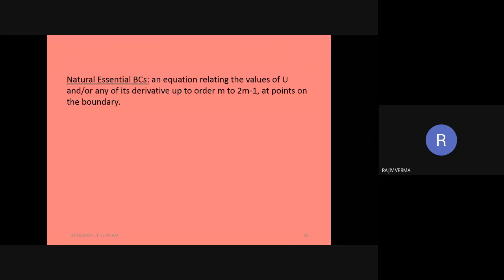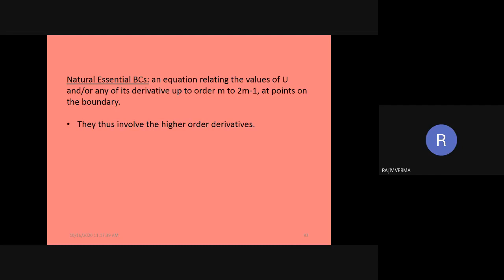Now coming to natural boundary conditions, the word essential is a typing mistake over here. It should have been only natural boundary condition. It is an equation relating the value of u or its derivative, from order m up to 2m-1, at points in the boundary. So this is what the natural boundary condition means.